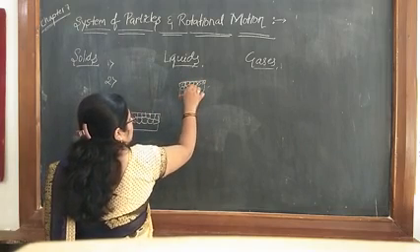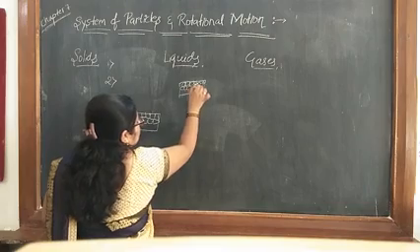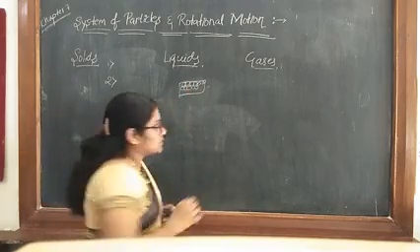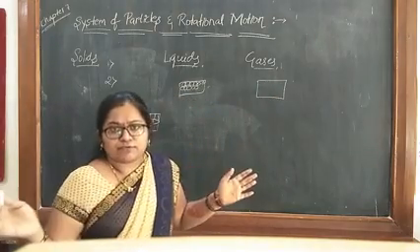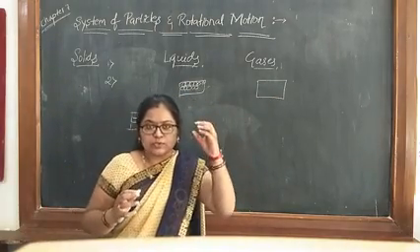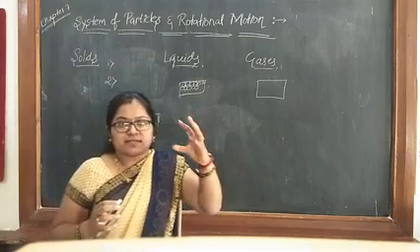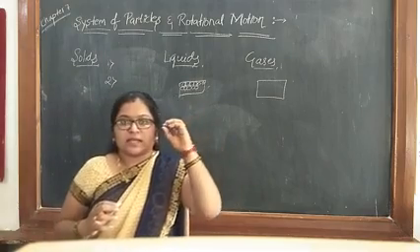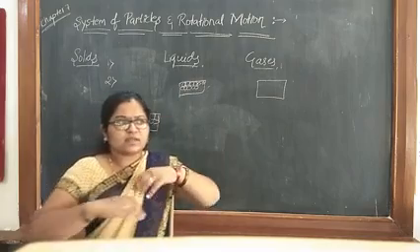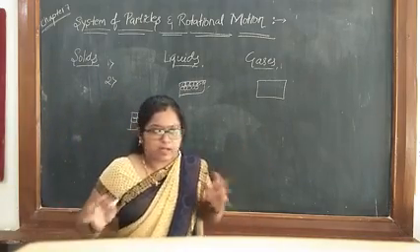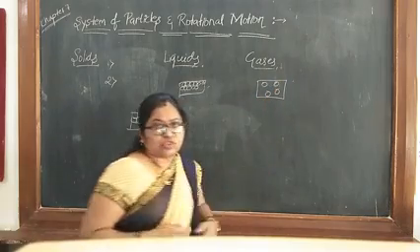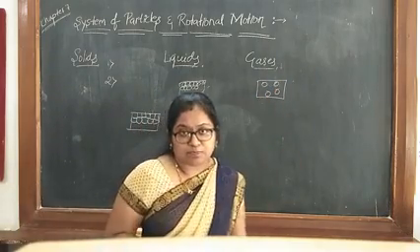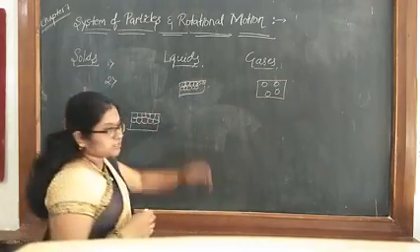See here, you can see the gaps between the molecules. But in gases, the molecules are far away from each other. If in this room you leave any gas like oxygen, carbon dioxide, helium, it will cover the whole space available. So the molecules are far away from each other with much space between them. So this is how the particles are arranged.